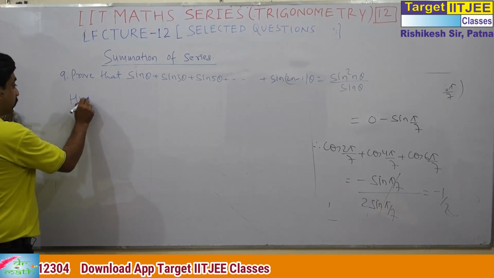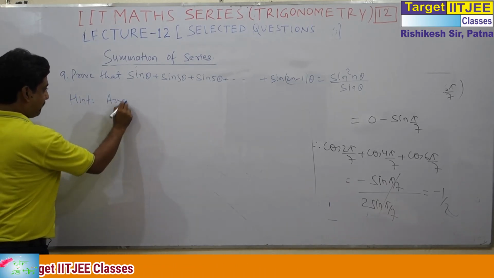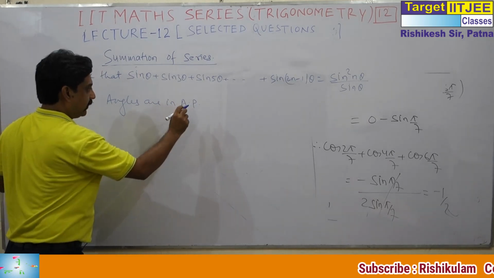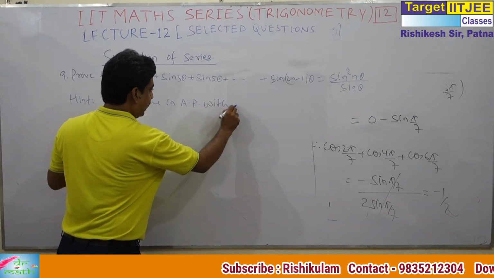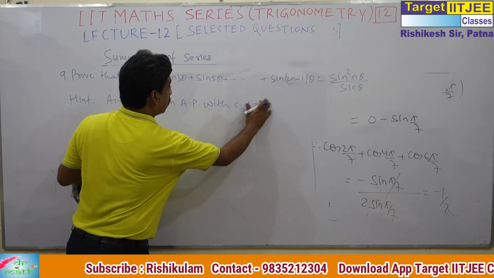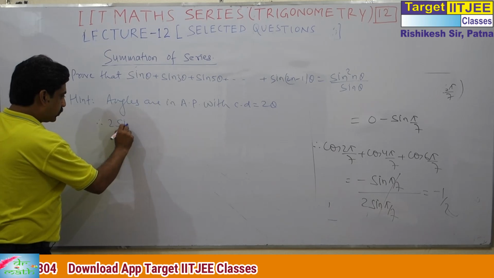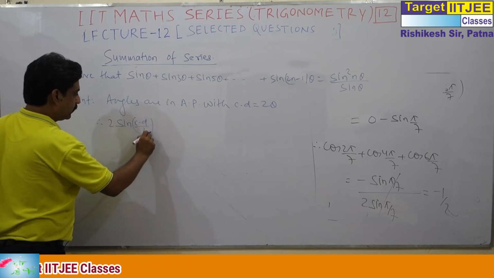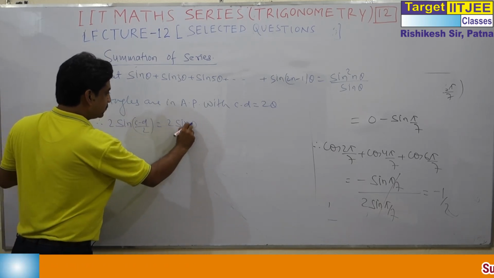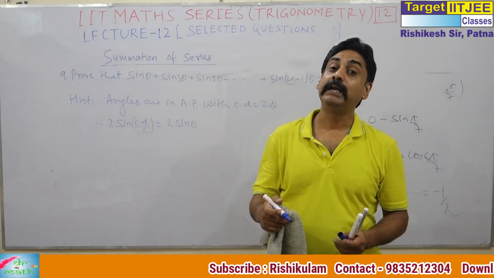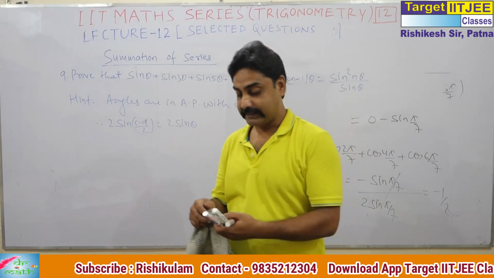Take the hint, not solutions. Angles are in AP with common difference 2 theta. Therefore, 2 sine common difference by 2 is 2 sine theta. So we will multiply each term by 2 sine theta.